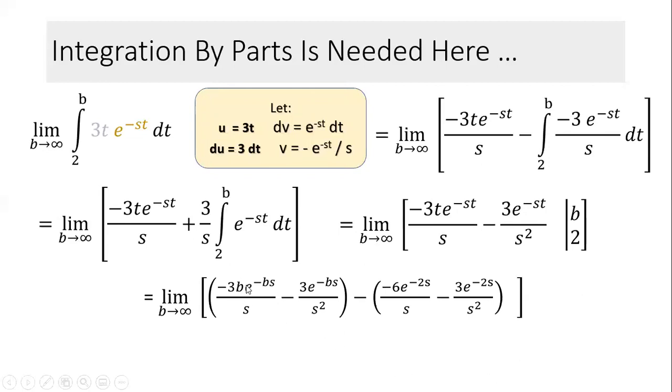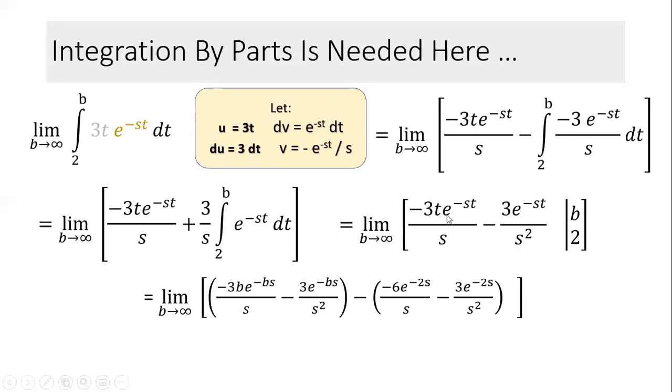So minus 3b e to the minus bs over s minus 3 times e to the minus bs over s squared. That's from substituting in t equal to b into our antiderivative. But then we also have to substitute in t equal to 2. Now remember here, we're not substituting in 0 because of the nature of the integral that we're doing. We ended up with 2 as a lower limit here.